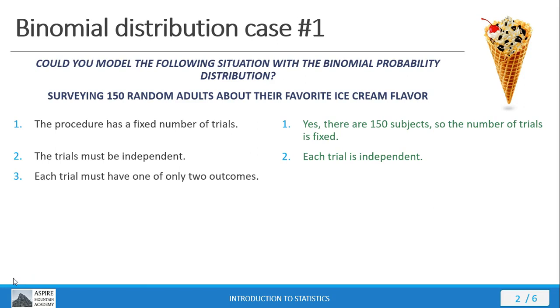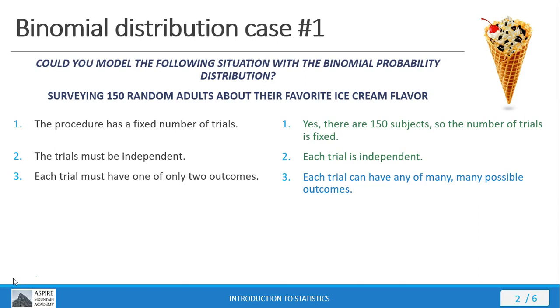The third requirement is that each trial must have one of only two outcomes. So what say you? Do we have this requirement met here? Okay, here we have each trial having more than just two outcomes.